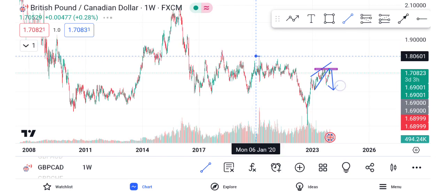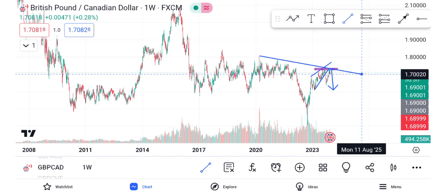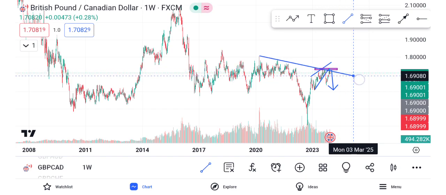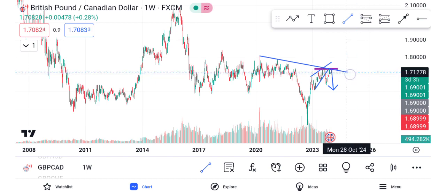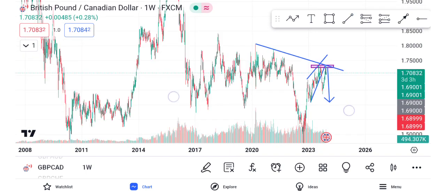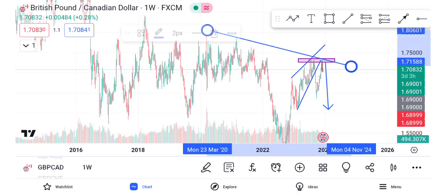You can spot the trend line there. I can spot a trend line there. Let me zoom it out so you can see it.